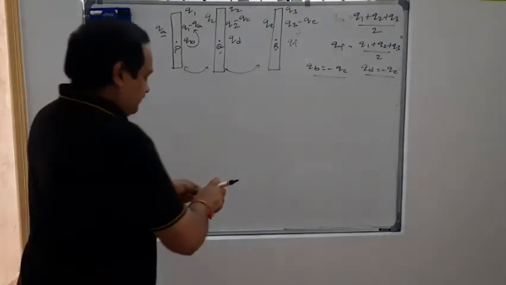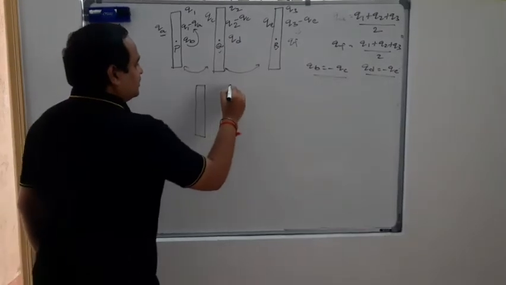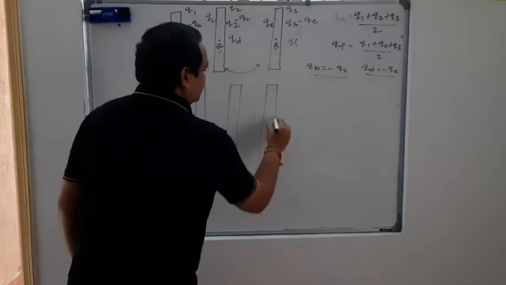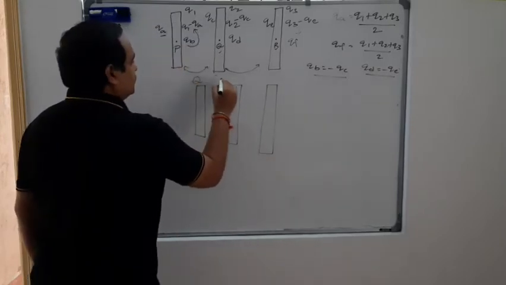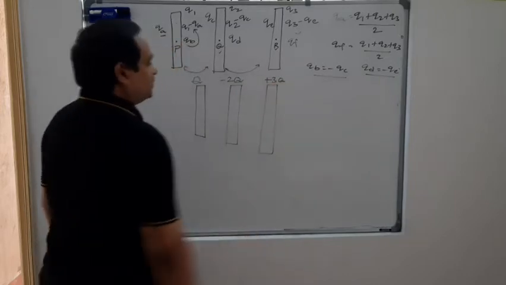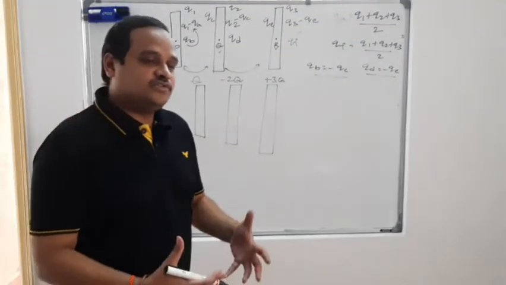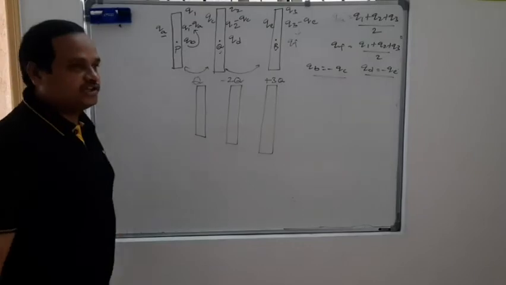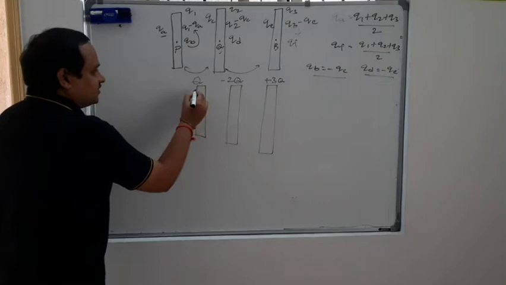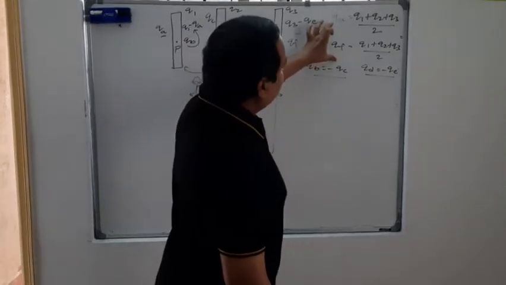Now, see, for example, I have taken 3 charged conductors having the charges q, minus 2q and plus 3q. These are the charges that are given on the conductors. Now we are going to discuss how the charges will be distributed on each plate due to induction. The charge induced on the outer plates, the formula we derived, is sigma q by 2.